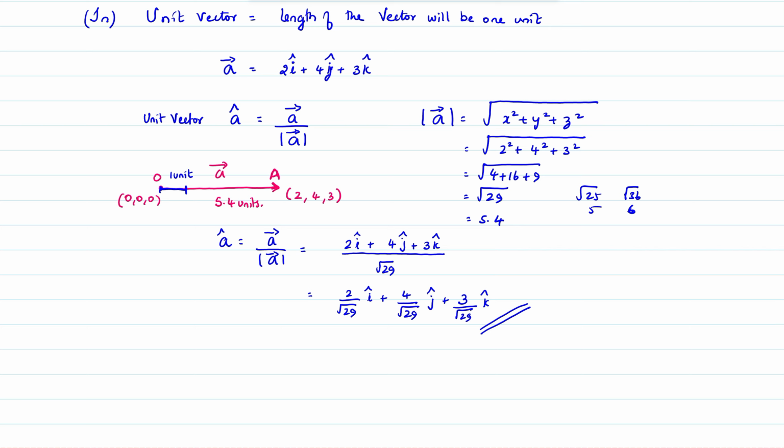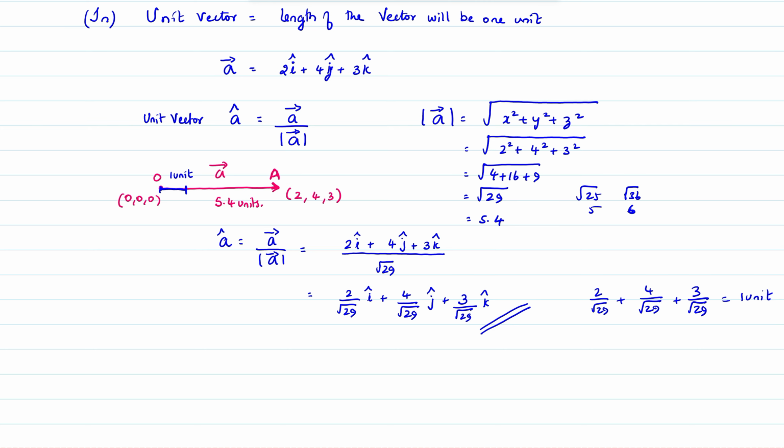Okay, some children will think, suppose we add this, 2 by root 29 plus 4 by root 29 plus 3 by root 29. Suppose we solve this, are we going to get 1 unit?